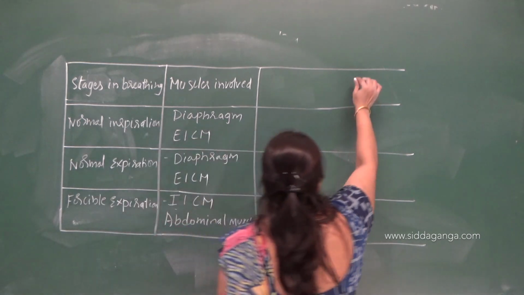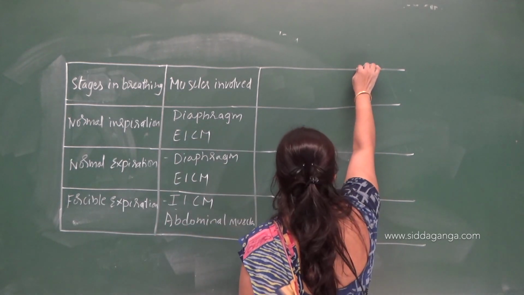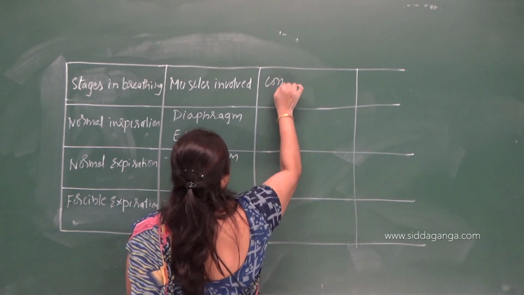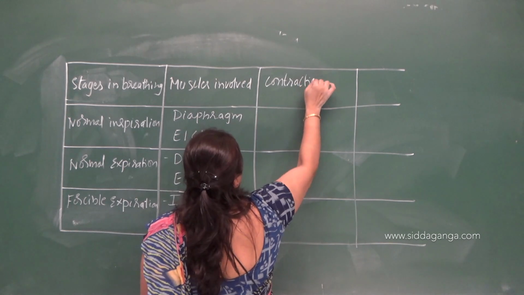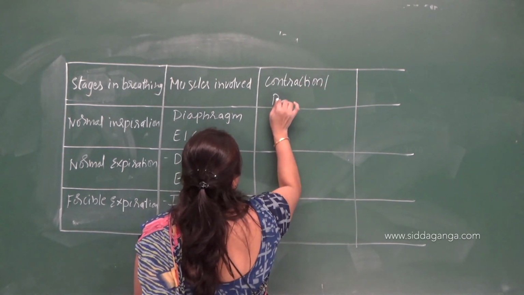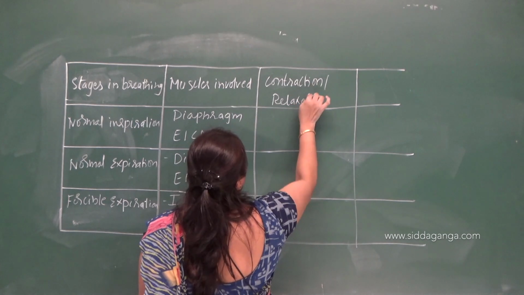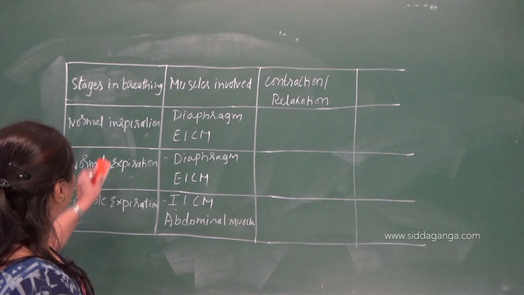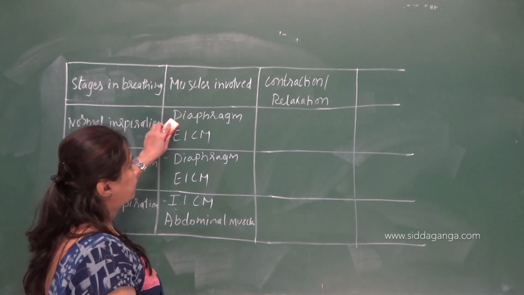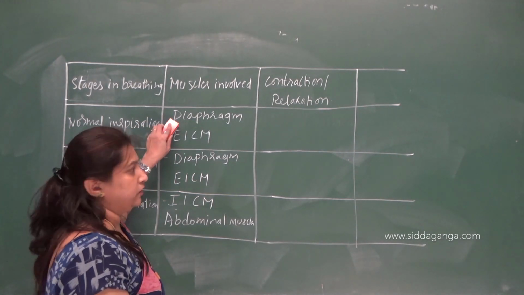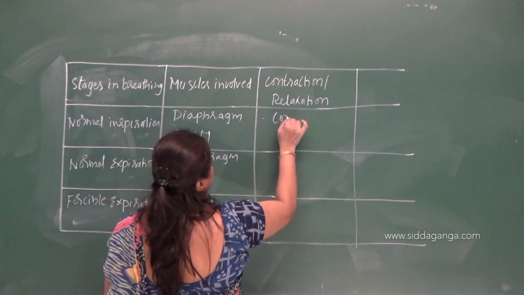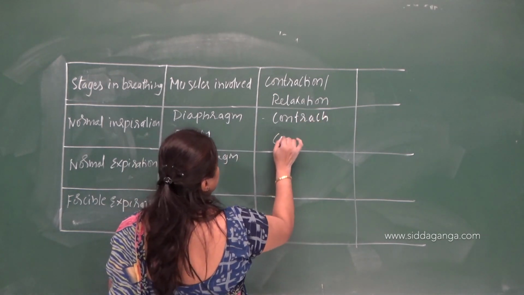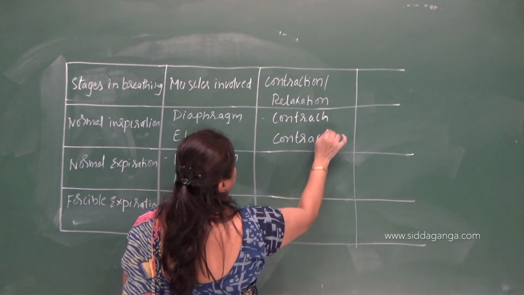Inspiration or expiration occurs because of contraction of muscles or relaxation of muscles. So, during normal inspiration, does the diaphragm contract or relax? Contracts. External intercostal muscles contract.